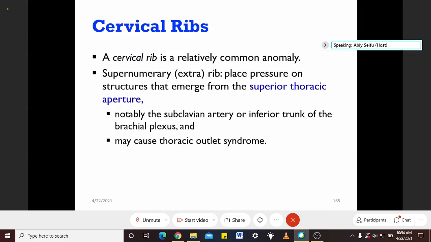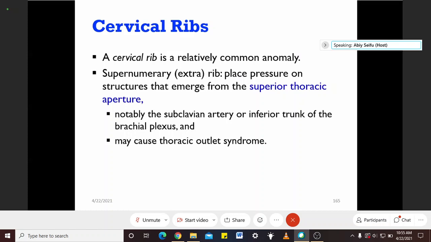Now let's continue to the other clinical features, which is cervical ribs. Sometimes there is a rudimentary or small superior rib, which is called a cervical rib.